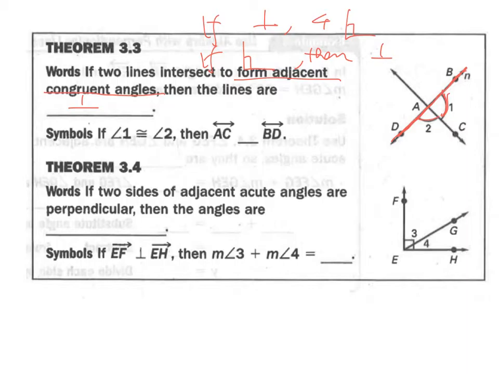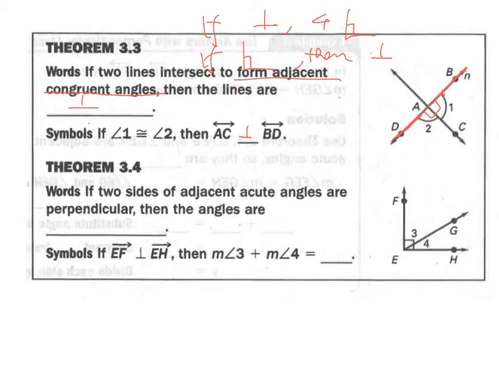So it's just the opposite of 3.1. So here, if we use mathematics, we say if angle 1 and angle 2 are congruent in our diagram right up here, that means AC and BD are perpendicular to each other. And in fact, these are 90-degree angles.